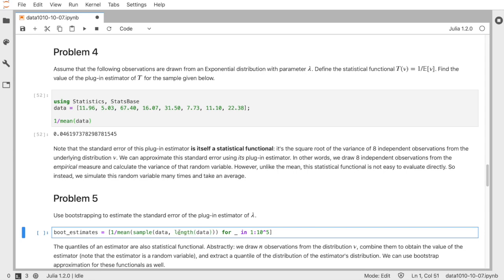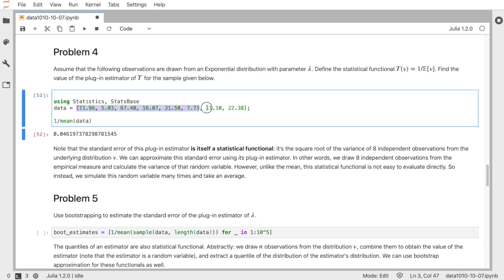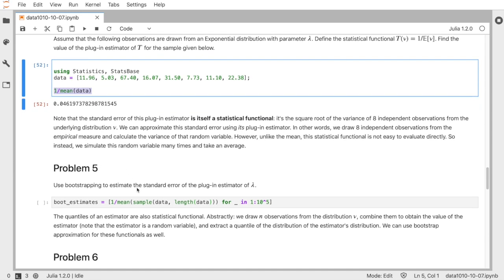So the fact that these two values are the same is coming from the fact that the number of observations that we see shows up in the second statistical functional. So the statistical functional whose value we're trying to estimate here is the standard error of 8 independent draws from this distribution. And the reason we choose 8 is because that is the number that goes into our first statistical functional, which computes 1 over the mean.